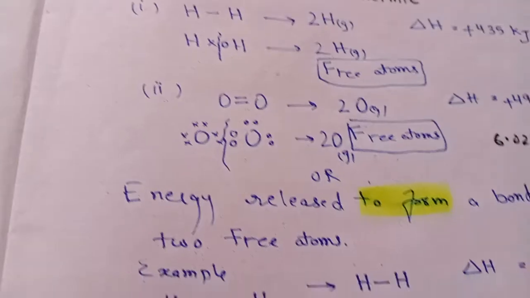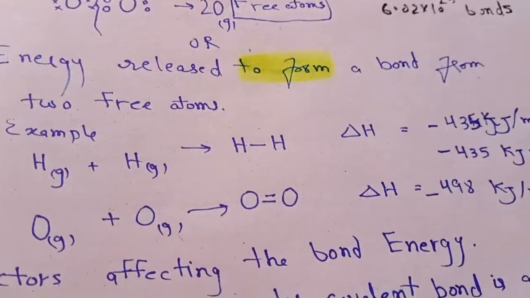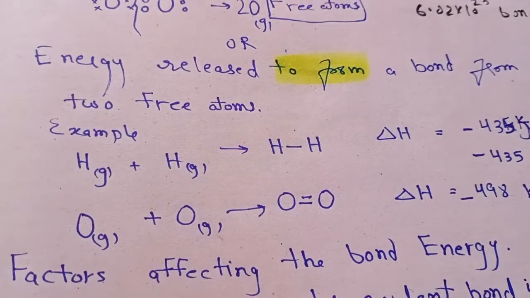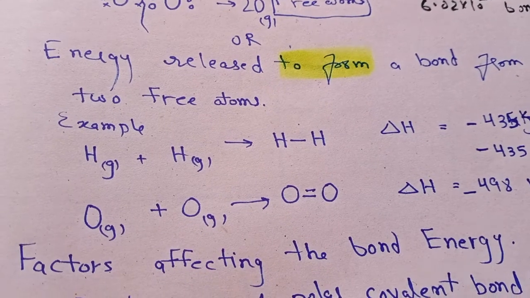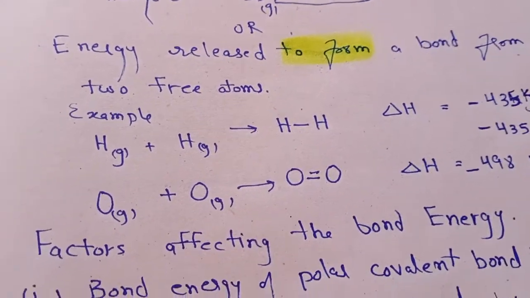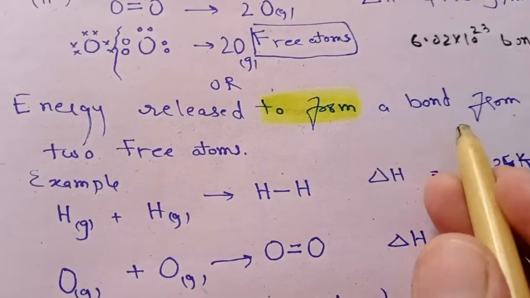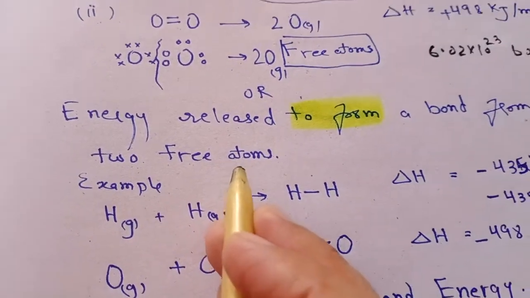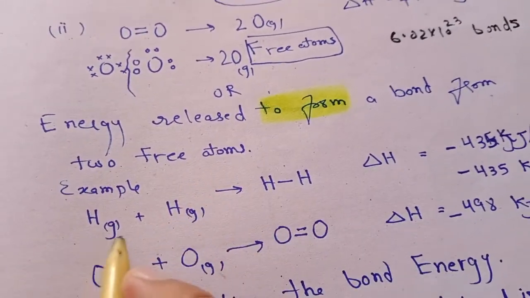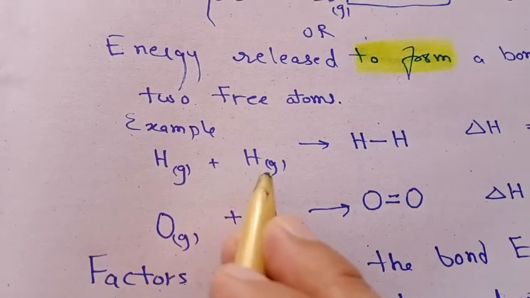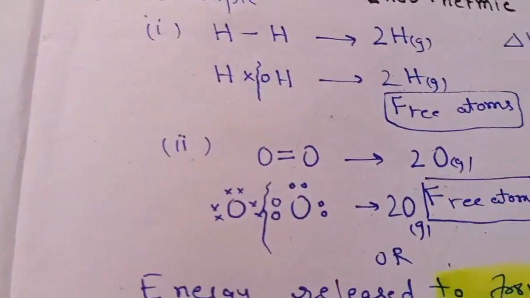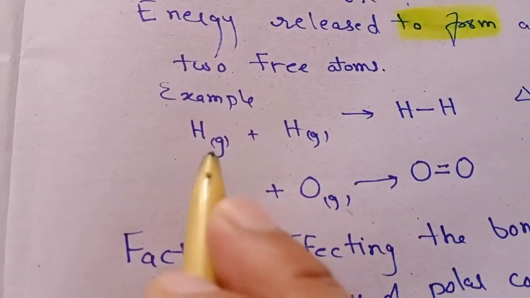At the same time, we can define bond energy in terms of formation of a bond: the energy released to form a bond from two free atoms in their gaseous state. For example, we can take these two examples in the reverse direction.